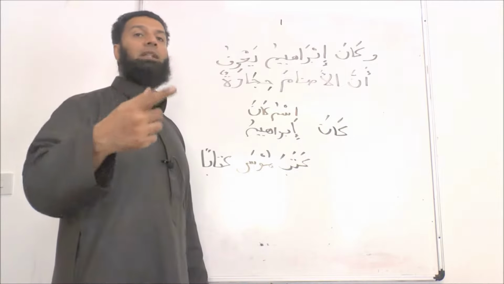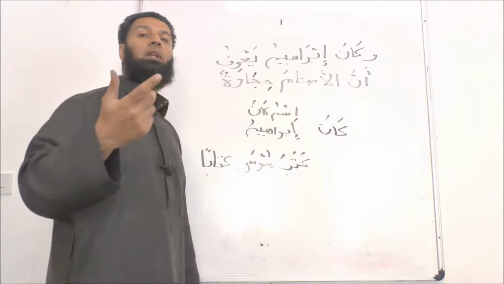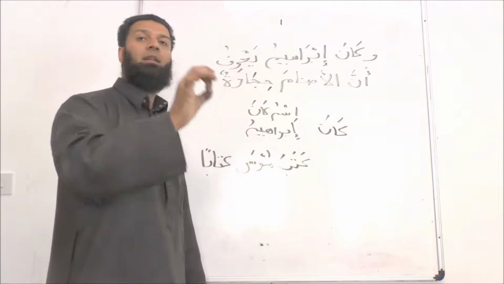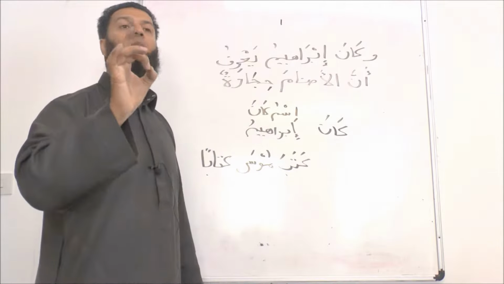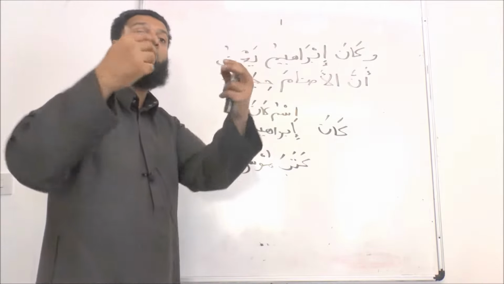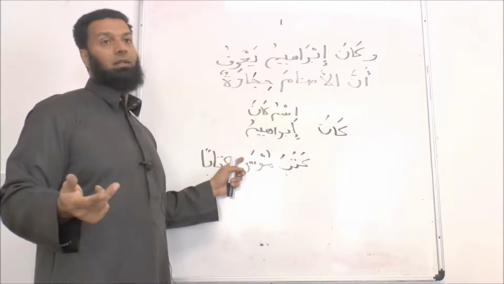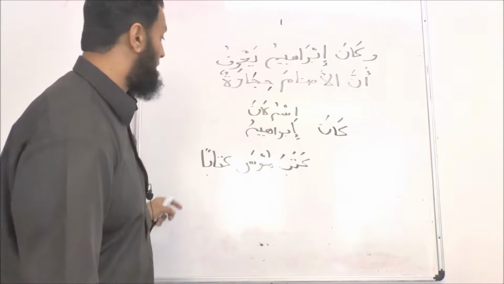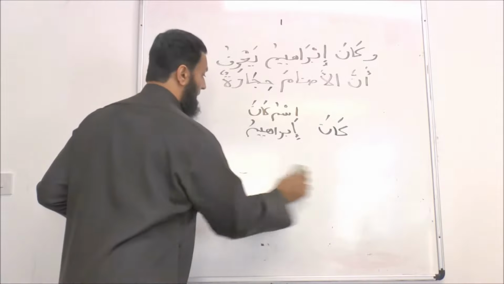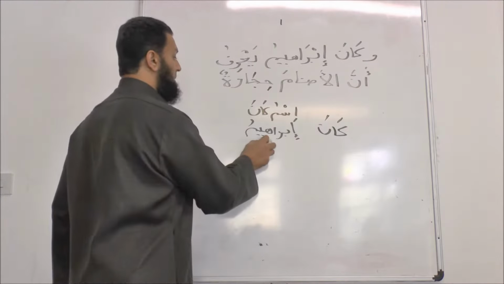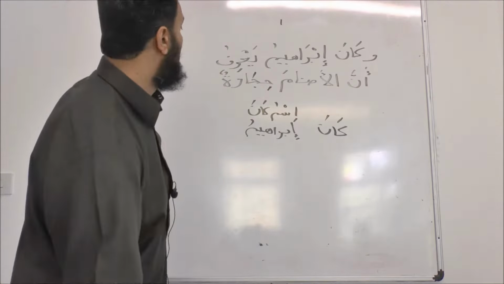So it's not adh-dhahira, it's not explicit. They say al-muqaddara, meaning it's assumed to be there on the end. So here we have kana Ibraheemu.